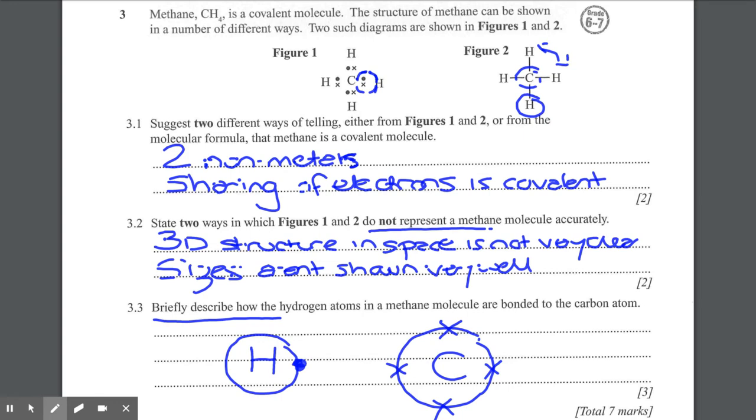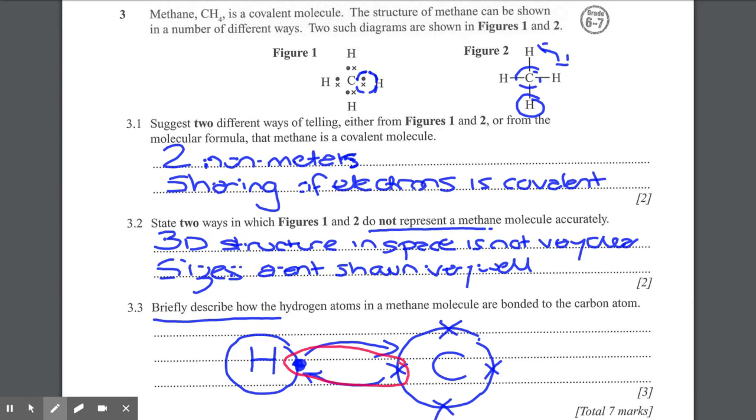The hydrogen donated 1 electron to carbon. Carbon donated 1 electron to hydrogen. They didn't give those electrons away, but basically they were just brought together to create the shared pair here.